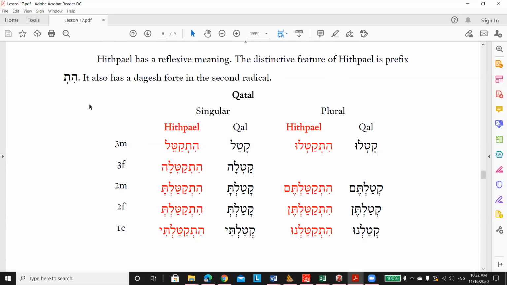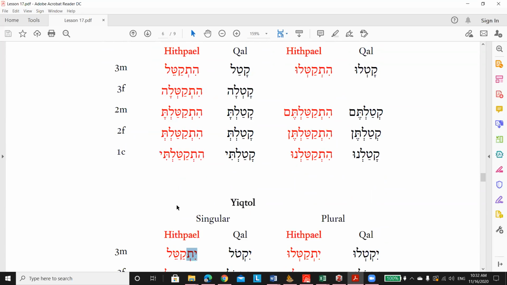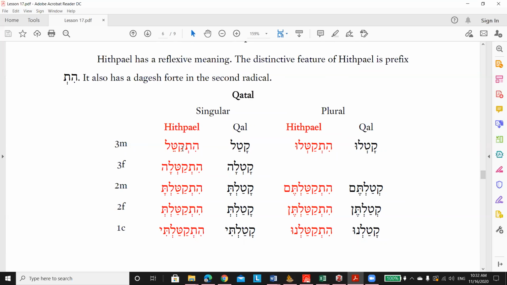Why? Because it has a specific characteristic, the prefix hit, or in Yiktol it will be yit or tit.